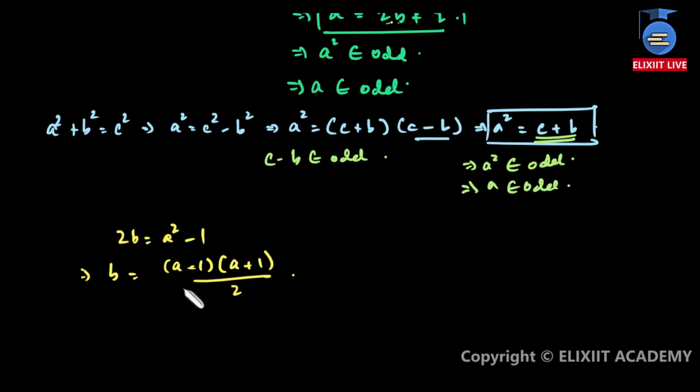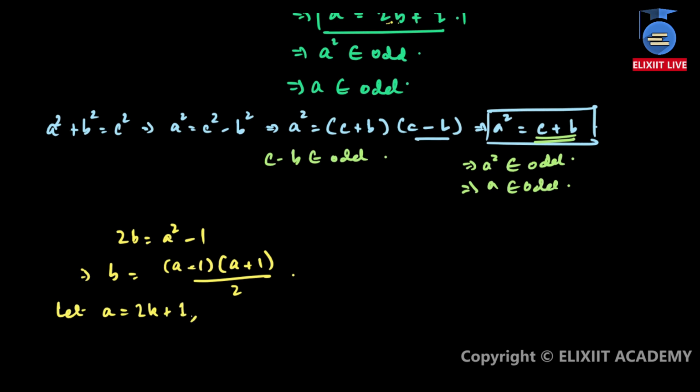And what is this thing? (A minus 1) into (A plus 1) divided by 2. You have proved that A is an odd number, which means A is of the form 2K plus 1. Let A be of the form 2K plus 1.